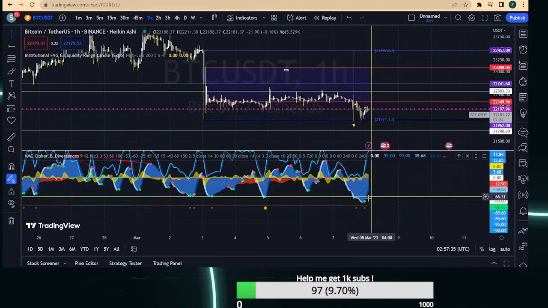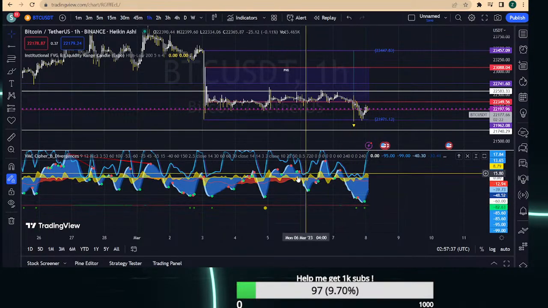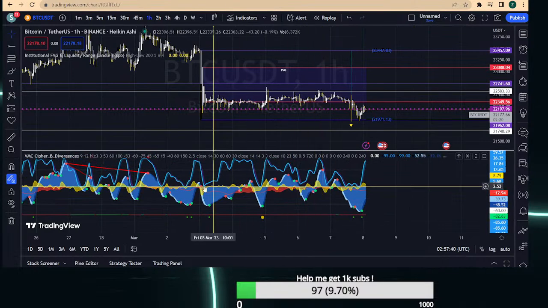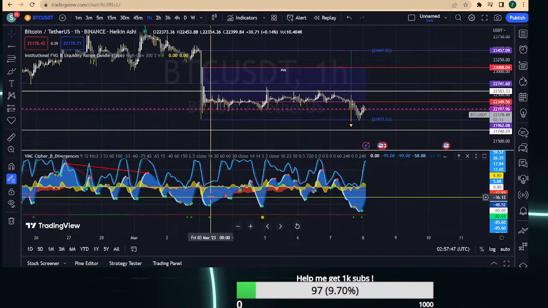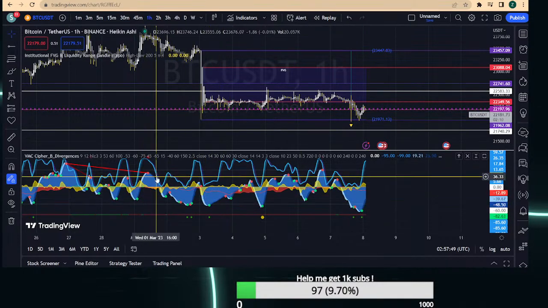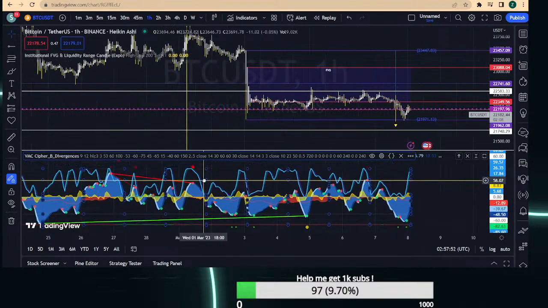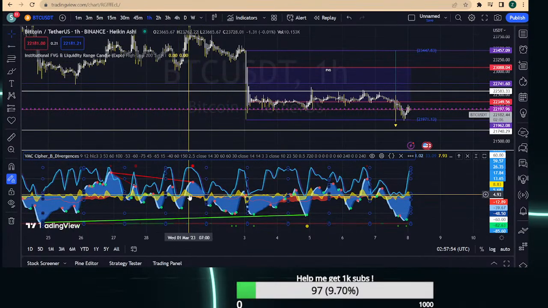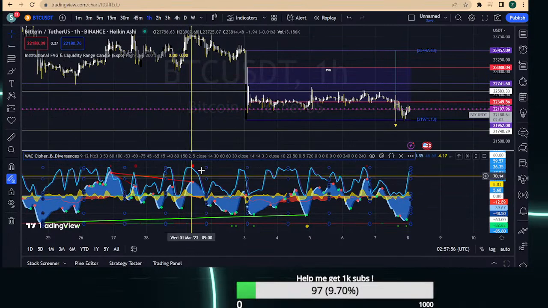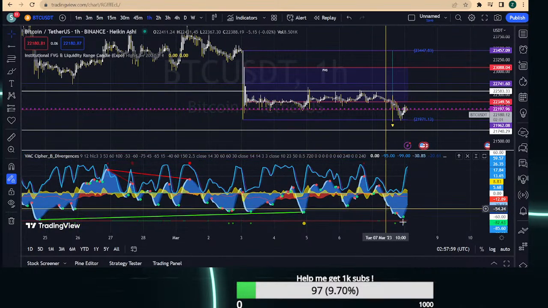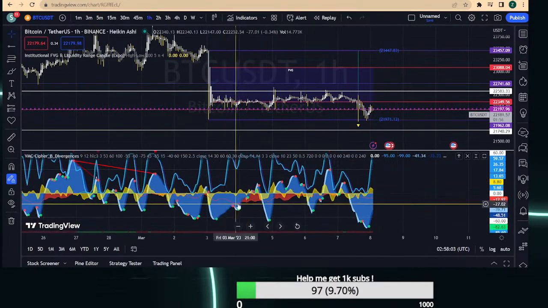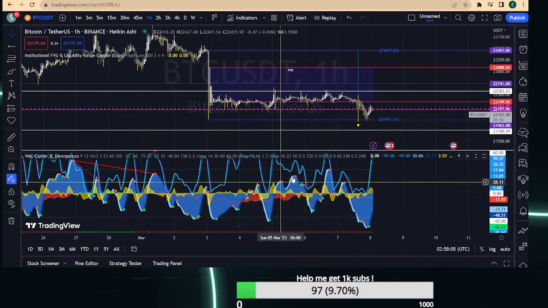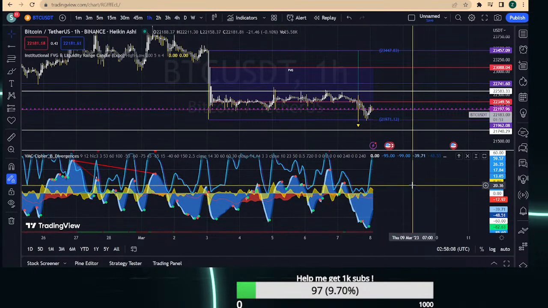Now these big blue waves are the actual momentum waves themselves, and in the middle, that's basically your decision point or your pinch point. Anytime your momentum's on the bottom, it's bearish momentum, and this is the bullish momentum up here. Anytime price is rising past the middle point or the pinch point, it's bullish momentum, and below it's bearish momentum. Also, a lot of the time, the money flow will be confluent with the overall momentum that's above versus below.